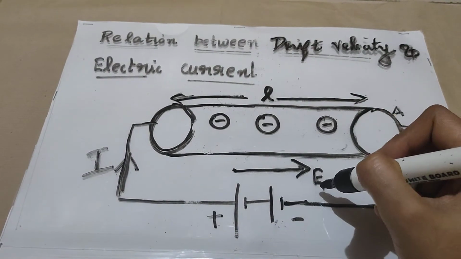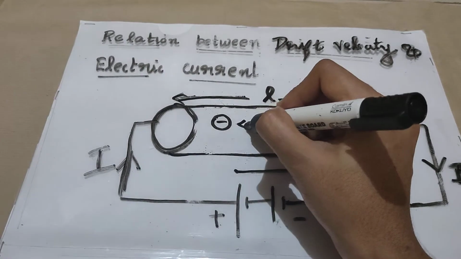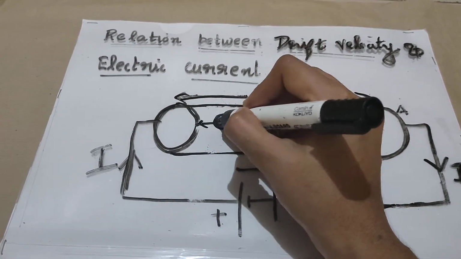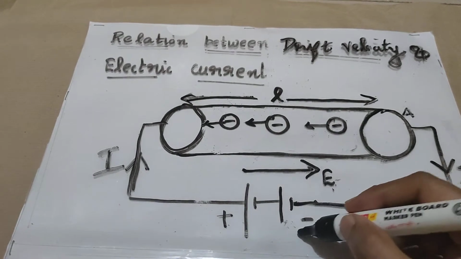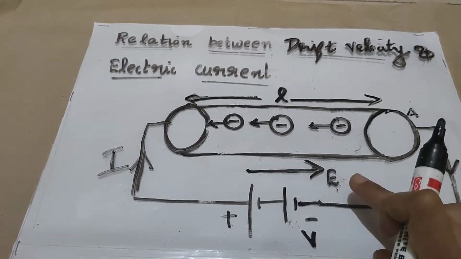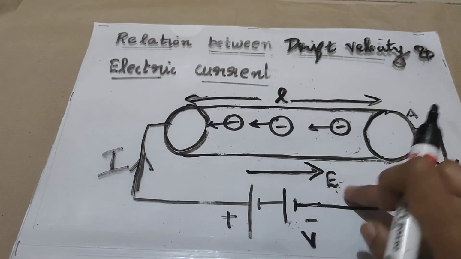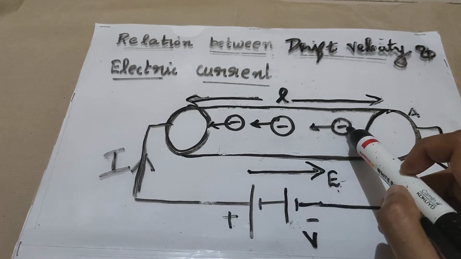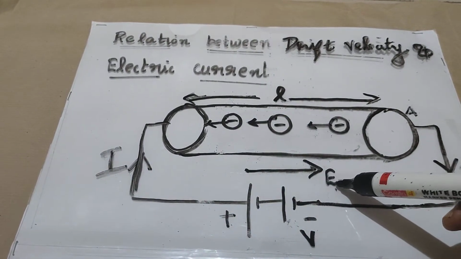As a result of this external electric field, you can see that these electrons will move in the opposite direction, because we have applied a potential difference and that sets up an external electric field. Due to the external electric field, the free electrons in the conductor will move or drift in the opposite direction of the external electric field.